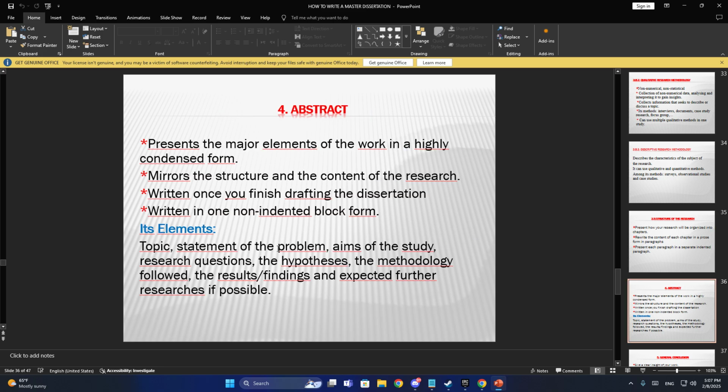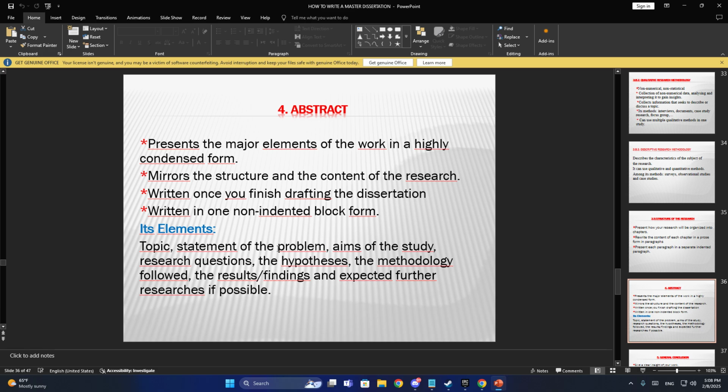Now, writing the abstract. It is advisable, of course, to write your abstract after you finish your dissertation, after you have defined your research questions, after you have come up with some results, and after defining a particular research methodology.